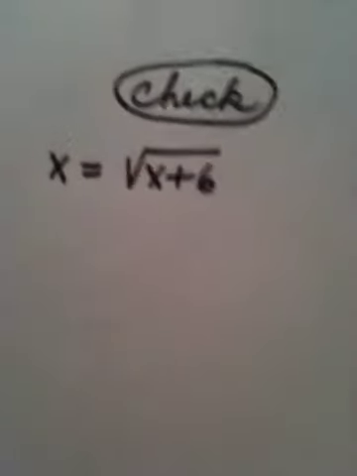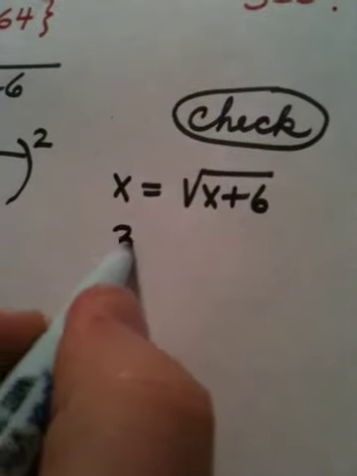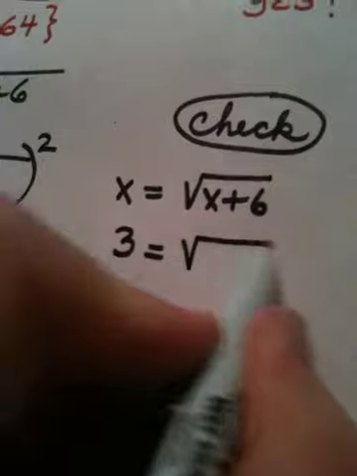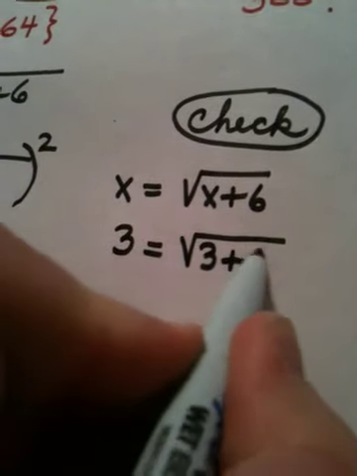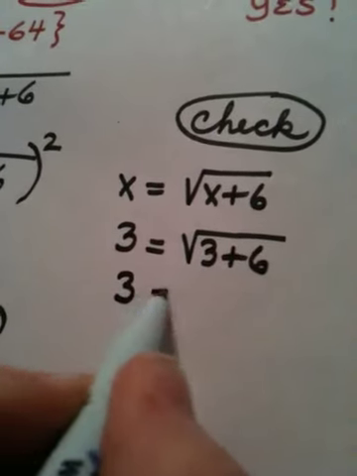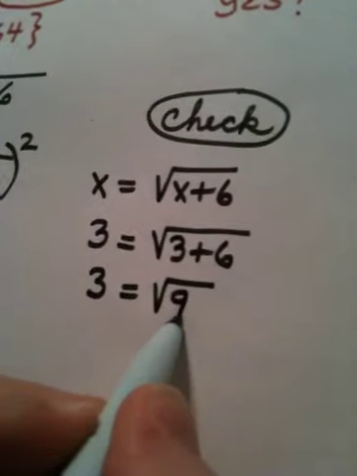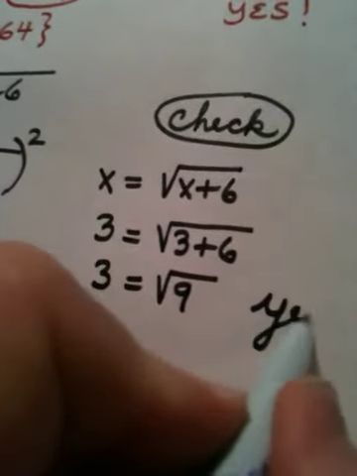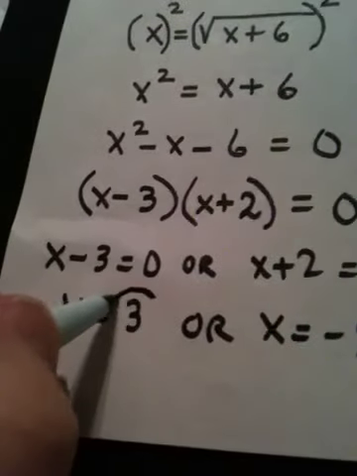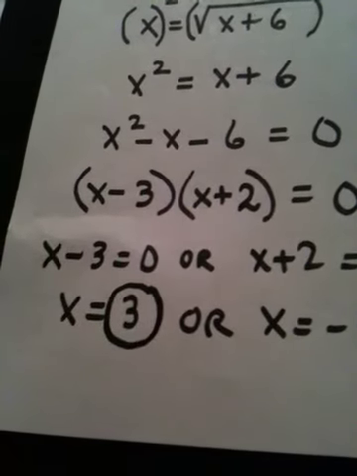So let's try it. Let's plug in a 3 every place I see an x. Is 3 equal to the square root of 9? Yes. Therefore, I know that 3 works.